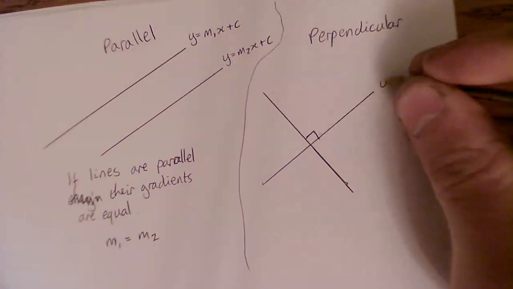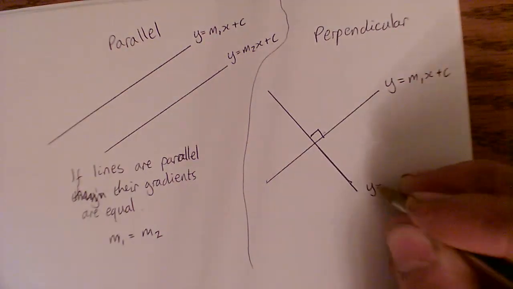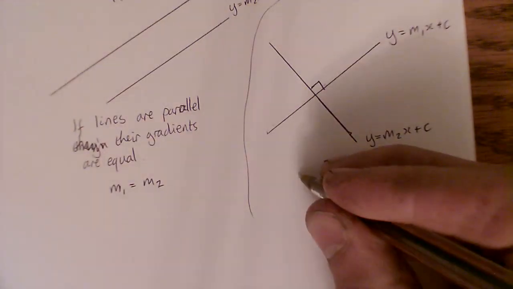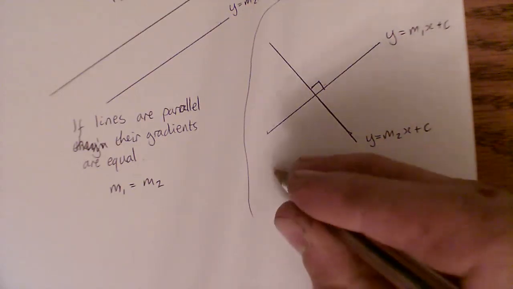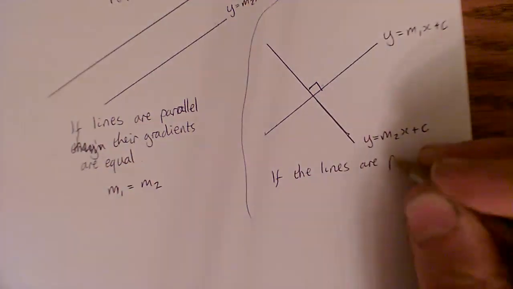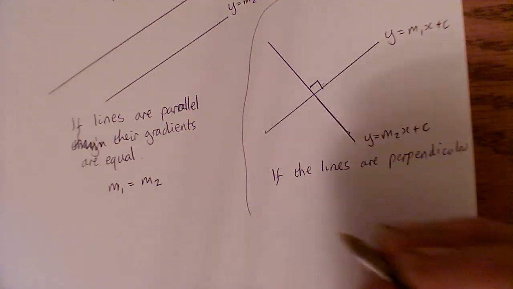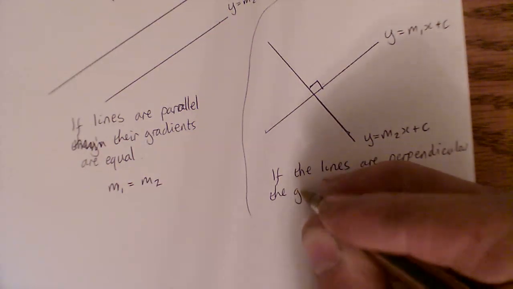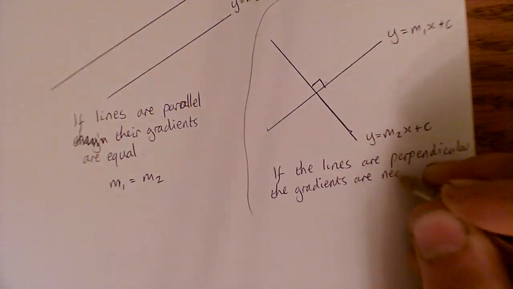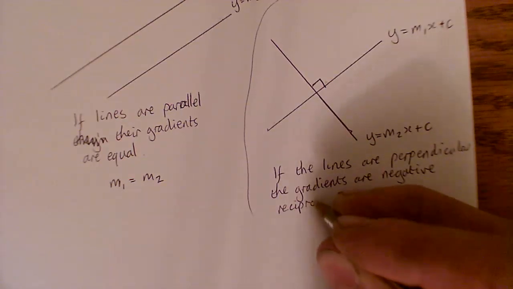The connection here, if we call this y equals m1x plus c, and this y equals m2x plus c, so we've got our two lines, gradients m1 and m2, then here, if the lines are perpendicular, and we've got a fancy phrase for this, the gradients are negative reciprocals.